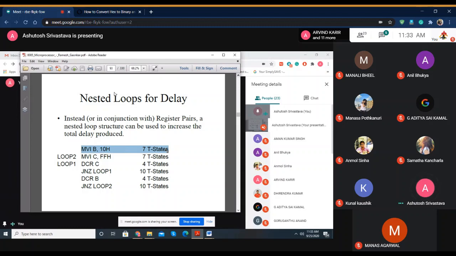Yes or no? Class, somebody say yes or no. Yes, sir. Aditya, you there? Aditya Sai Kamal. Yes, sir. What are the three loops? This is the outer loop, and what are the other loops?